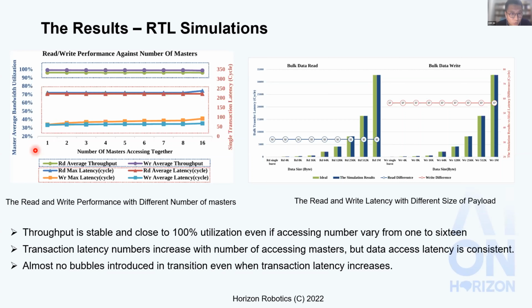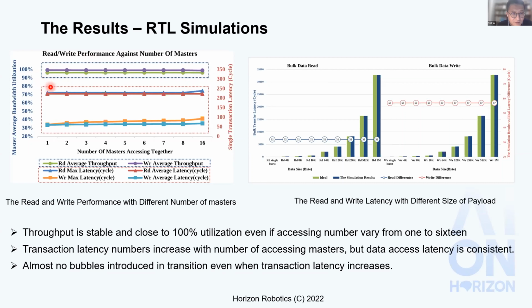And we can see that on the top of the diagram is the throughput number. The throughput number is really high, it's stable, and it's stabilized even though the accessing masters vary from 1 to 16. So it's almost 100% for both read and write.